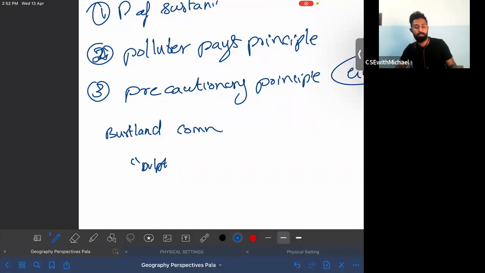So that's the main thing about sustainable development. We know what sustainable development is, so not going into too much detail with that.